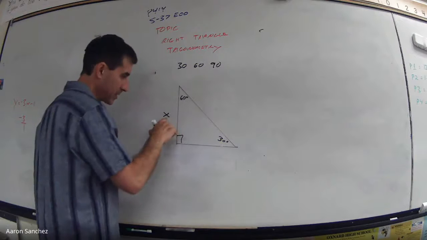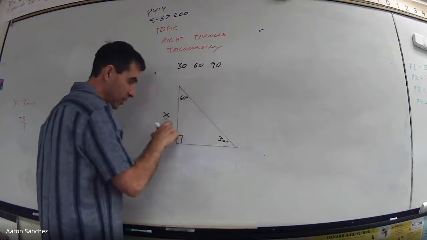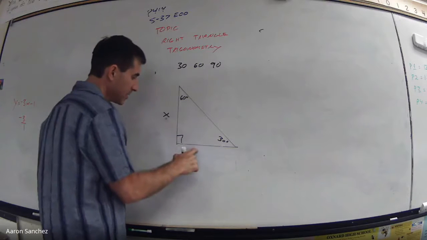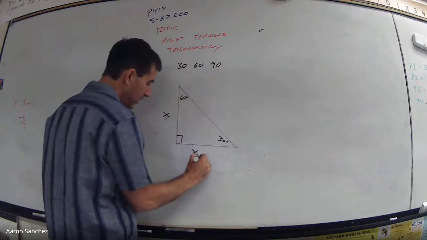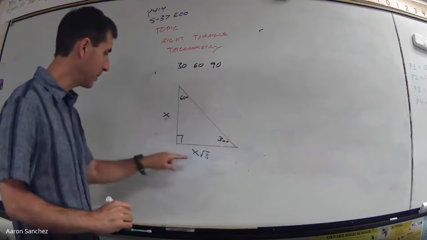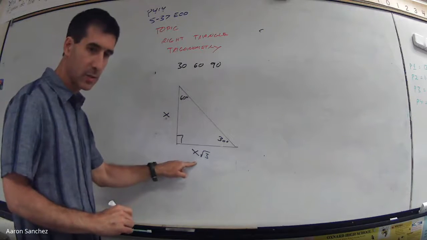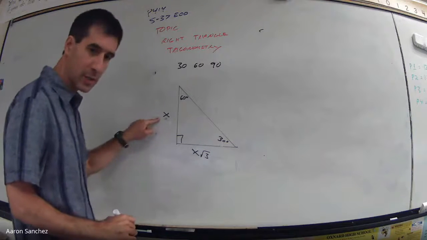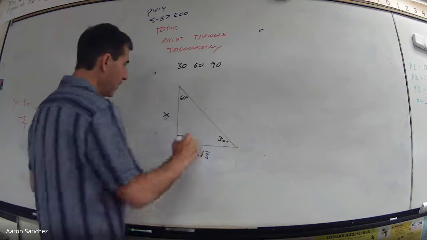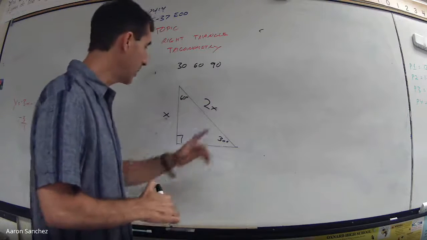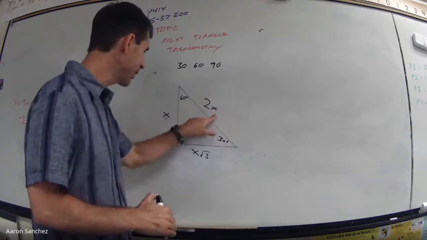Opposite of the 30 is x. The 60 will be x times the square root of 3. Whatever this is, you multiply by the square root of 3, you get this. You have the 60, you divide by the square root of 3 to get this side. And the hypotenuse is going to be 2 times x. To get the hypotenuse, you multiply this by 2.